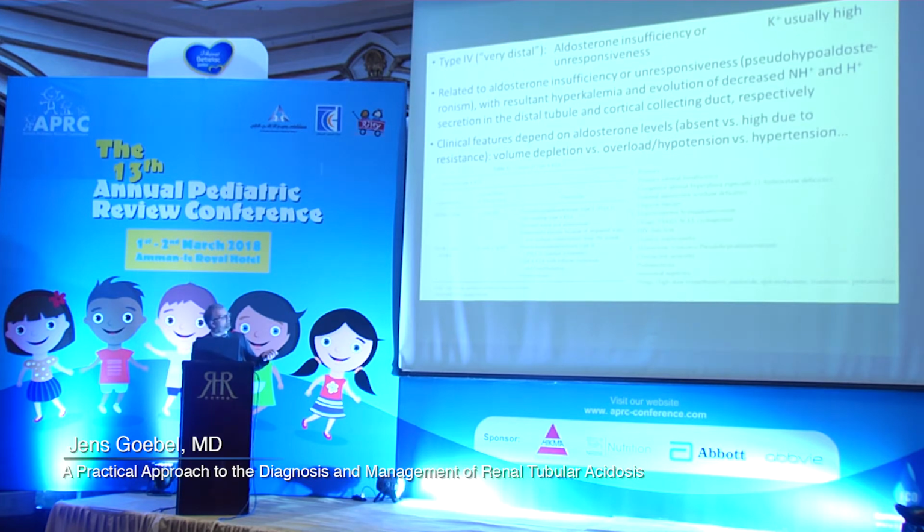Additional causes also include primary causes, adrenal insufficiency, CAH we just heard about, and then again drugs and certain conditions as listed here. One of the things we nephrologists keep in mind is that obstructive uropathy can be associated with aldosterone unresponsiveness and therefore come with a picture of type 4 RTA.